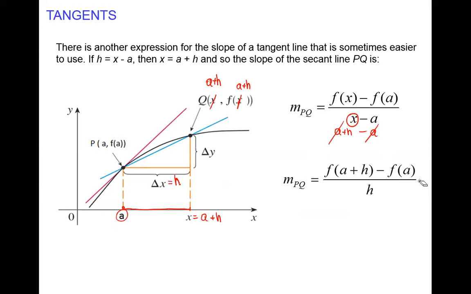That means this ratio, the slope of the secant using h, represents exactly the same thing as the above equation, f of x minus f of a over x minus a, but this is just using the h, okay? Because we know what we want from h. We want h to be extremely small, okay? That means it will be a little bit easier to define the slope of the tangent.